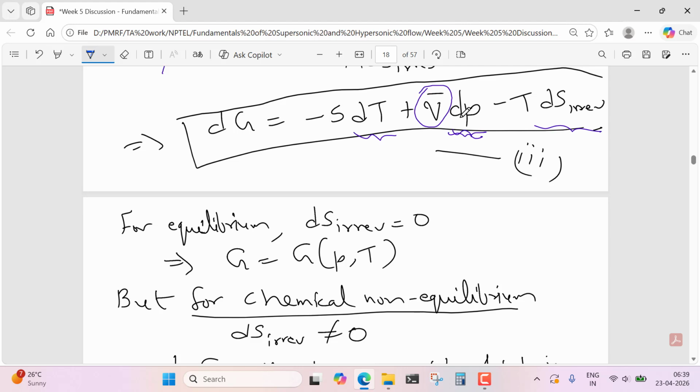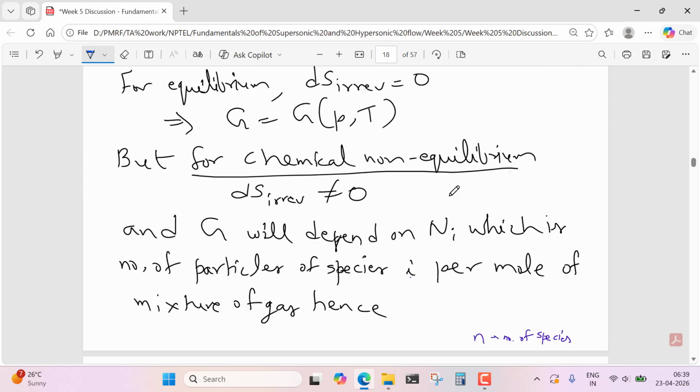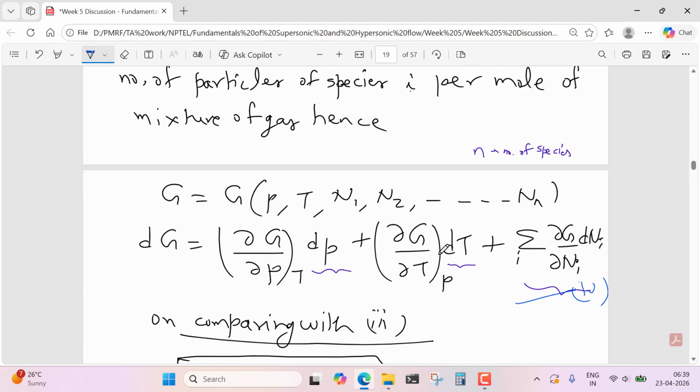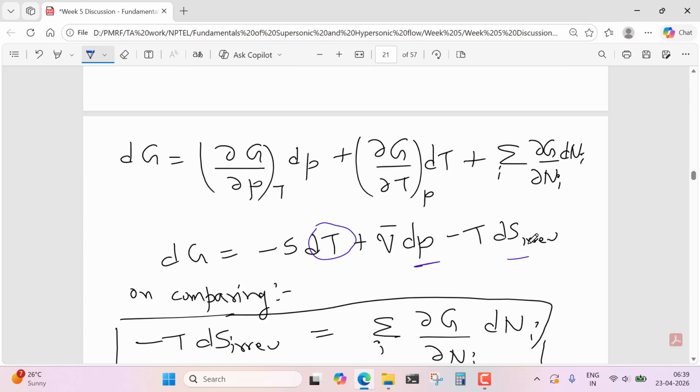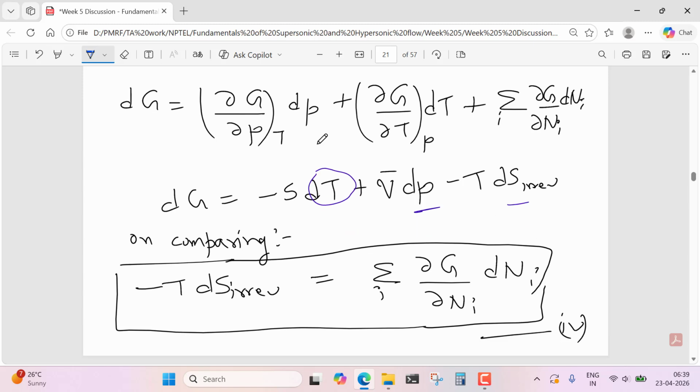See, in the third there is the dP term, the dT term, and whatever else is there will be equal to minus T dS irreversible. The dP term is there, the dT term is there. So minus T dS is also equal to sigma i dou G upon dou Ni dni. I have written both equations again.